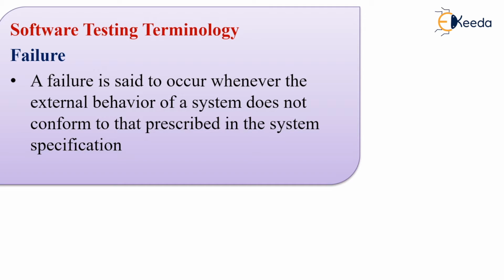A failure is said to occur whenever the external behavior of the system does not match or conform to the system specification defined in the documentation. During the design and documentation of your requirements, all your requirements are put up.